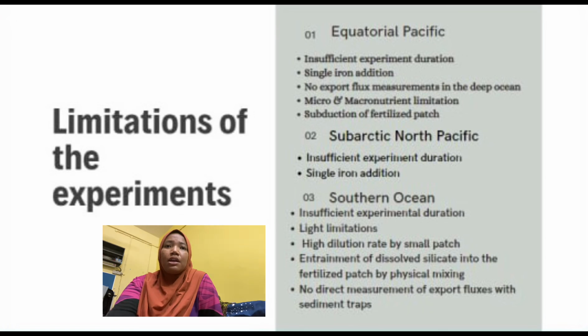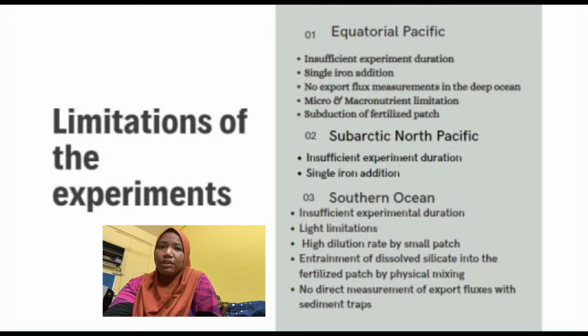For example, in the equatorial Pacific, there are insufficient experiment duration, single iron addition, no export flux measurement in the deep ocean, micro and macronutrient limitation, and also subduction of the fertilized patch. For the subarctic North Pacific, the limitations are insufficient experiment duration and also single iron addition.